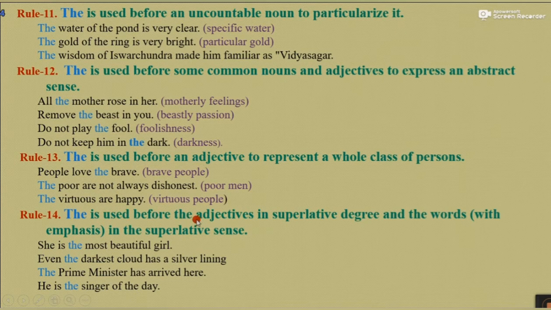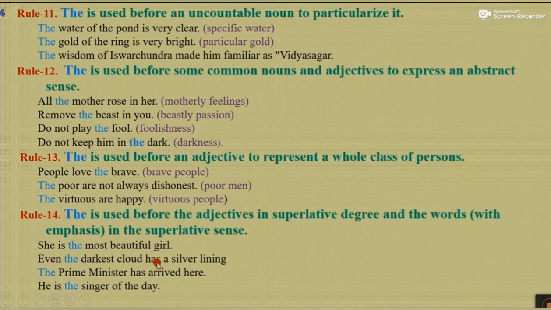Number 14. The is used before adjectives in the superlative degree, and before words with emphasis in the superlative sense. If a word shows superlative sense, we use the also. She is the most beautiful girl. Here the is used before the superlative degree.